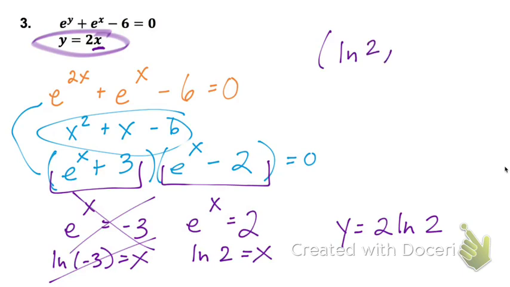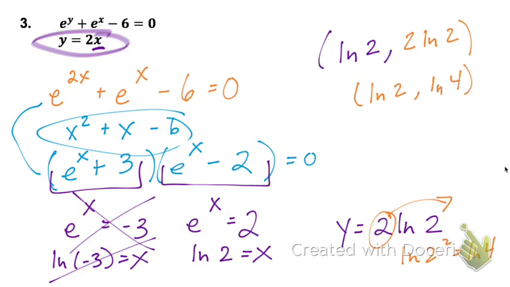I would accept 2 ln of 2, or you could condense it and it would become ln of 2 squared, which is ln of 4. Either one. I would accept either answer.